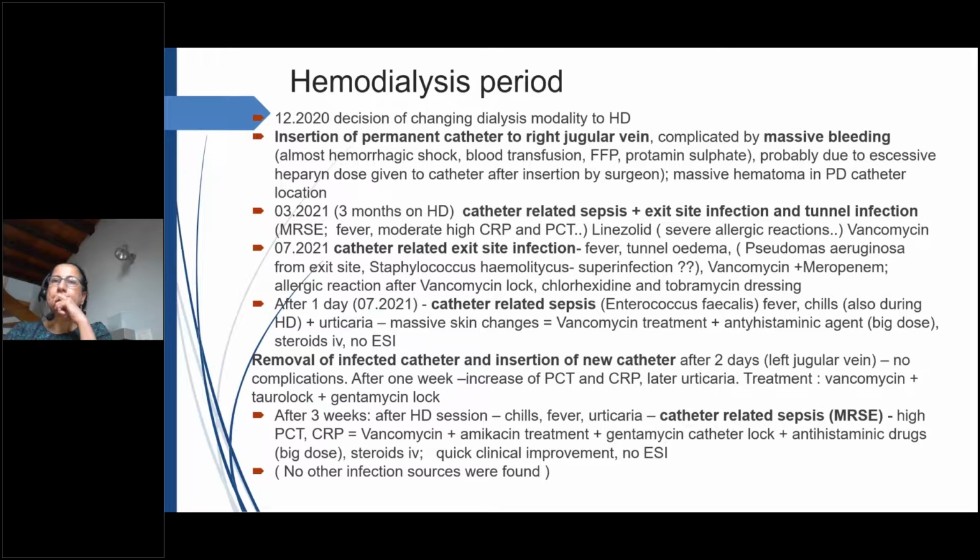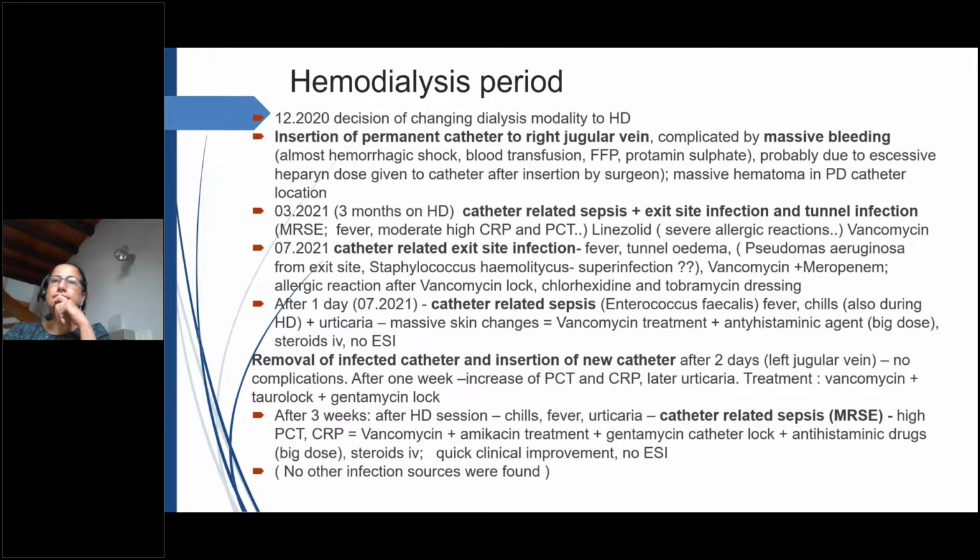And unfortunately, a very big problem is that with his clinically stable condition, no symptoms, low CRP, low procalcitonin, and without any general antibiotic, we still have positive blood culture from his catheter. So now we decided to exchange the catheter again, put in an acute one, treat him with antibiotics, and change to the permanent catheter, because we didn't want to go back to peritoneal dialysis.